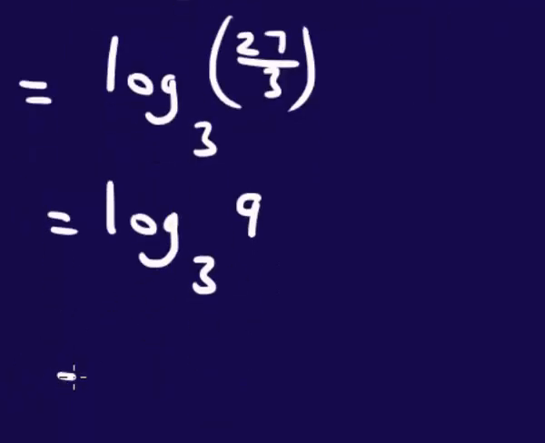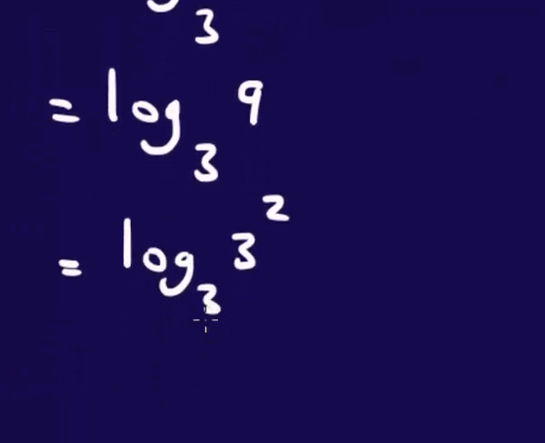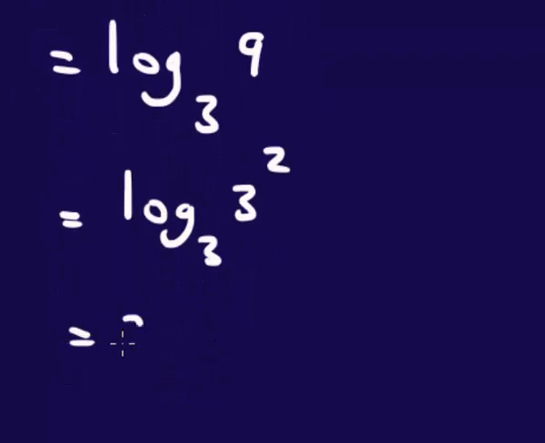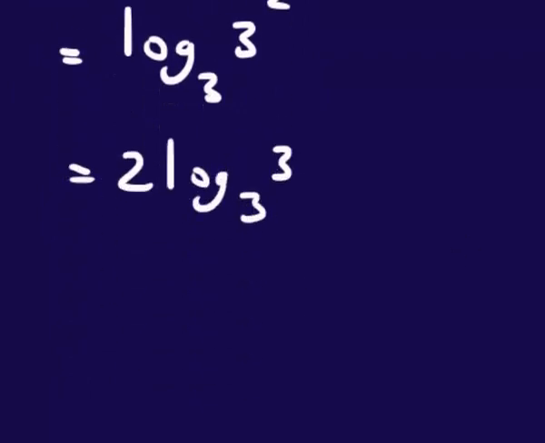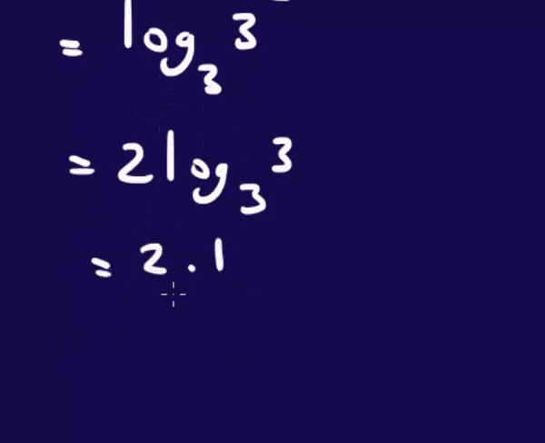And then 9 is 3 squared, so bring the 2 down: 2 log 3 to base 3. And what is log 3 to base 3? It is equal to 1, and once again our answer comes out at 2.